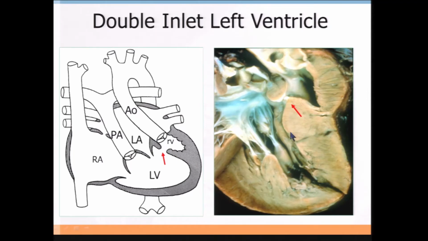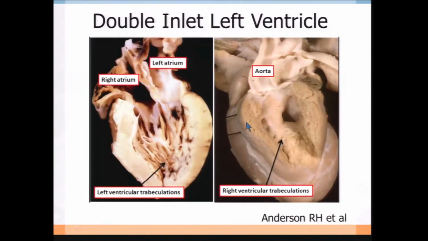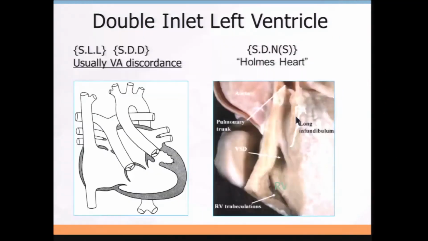This is the anatomic feature. And once again, the two atria join to the one left ventricle, and the small rudimentary chamber with RV trabeculations gives rise to the aorta and communicates with the main chamber through the VSD.